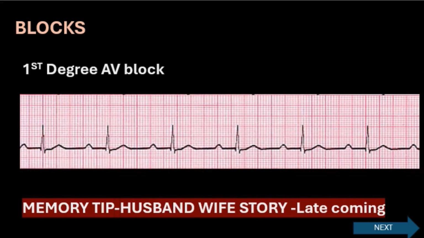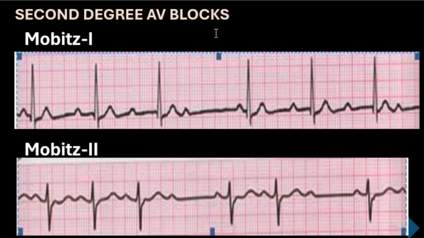Let us see about the blocks. First degree AV block is shown here. That is the prolonged PR interval. The PR interval is prolonged in all the beats. Then the second degree, there is type 1 and type 2. In type 1 block, you can see there is a specific pattern. The PR interval keeps on prolonging and then one missed beat.